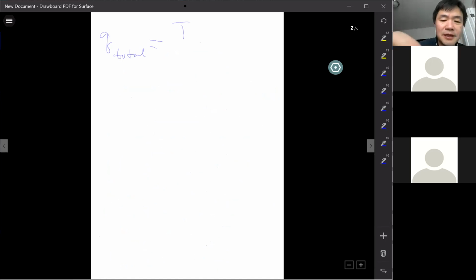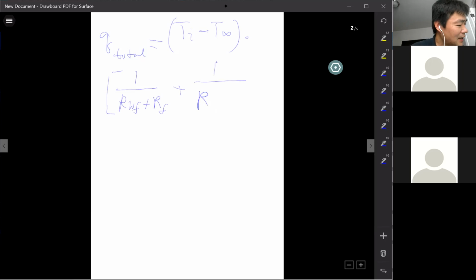So the total heat transfer will be the temperature inside minus the temperature at infinity, which is theta, multiplied by two terms in parallel. This is how to do parallel. This is the first one, the fin, where they are in series. Is that what we did in circuits?